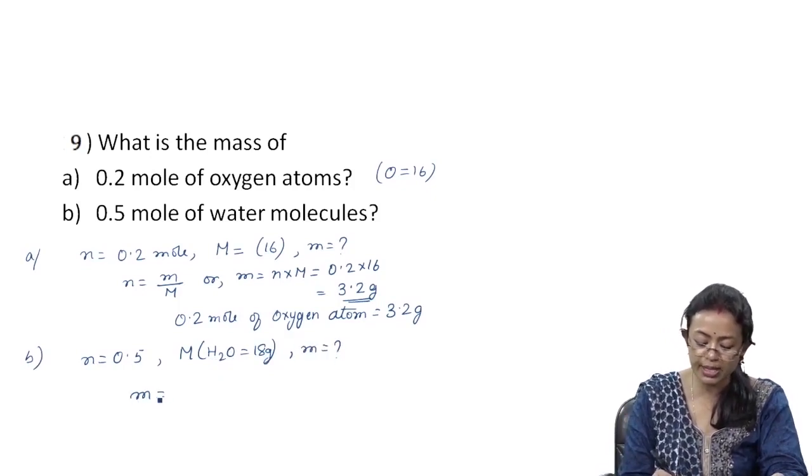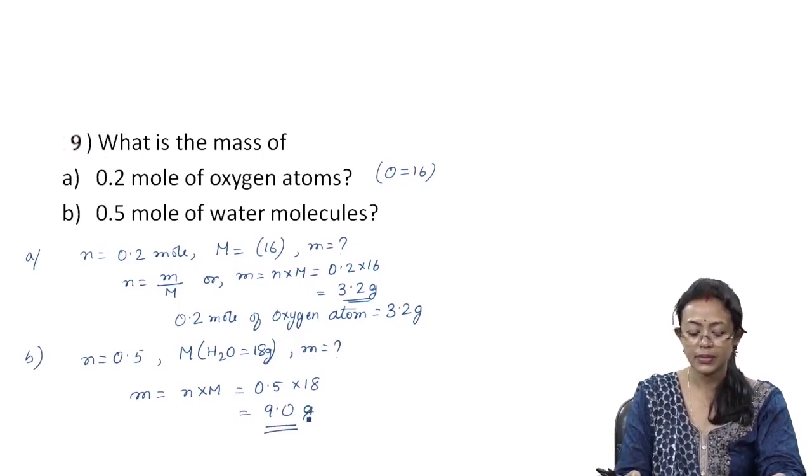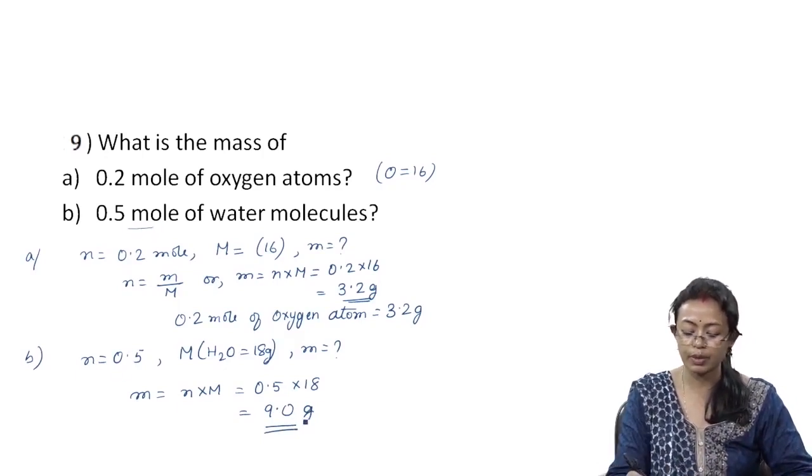So m is going to be n into M, 0.5 into 18, 9 gram. So 0.5 mole of water molecules will be equal to 9 gram.